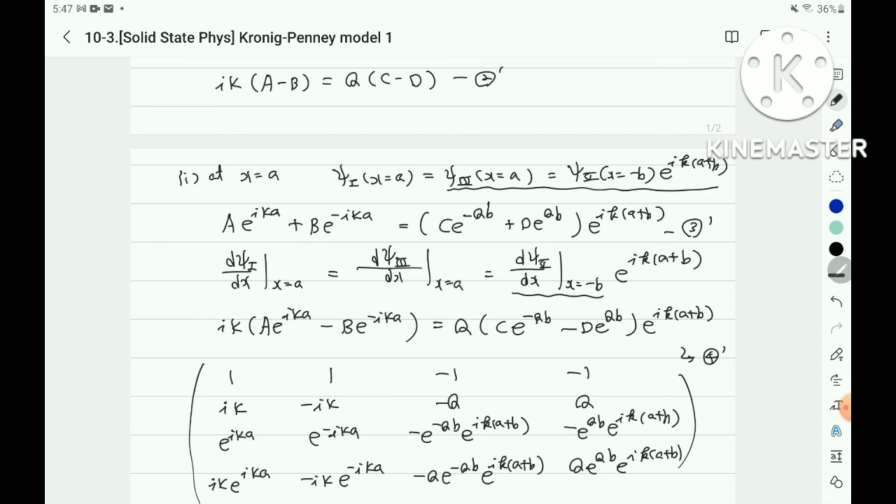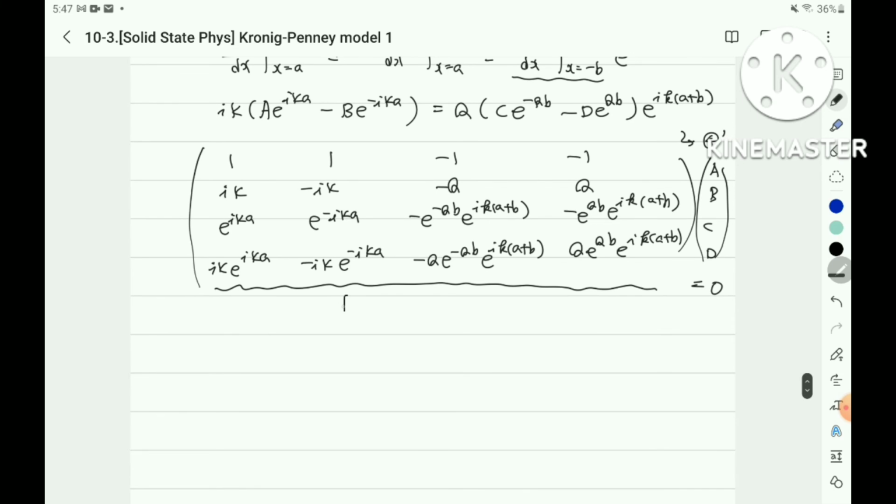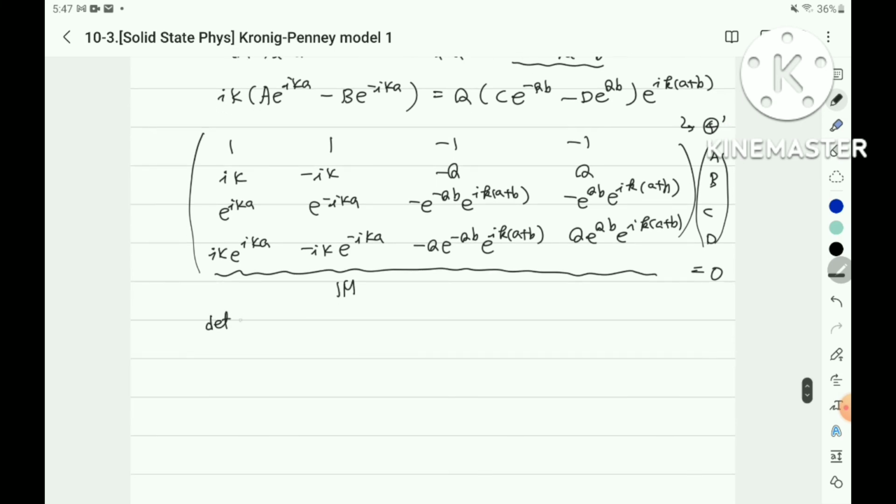The matrix times (A, B, C, D) should equal 0. In order to have a non-trivial solution for A, B, C, D, when we call this matrix M, the determinant of matrix M should be 0.